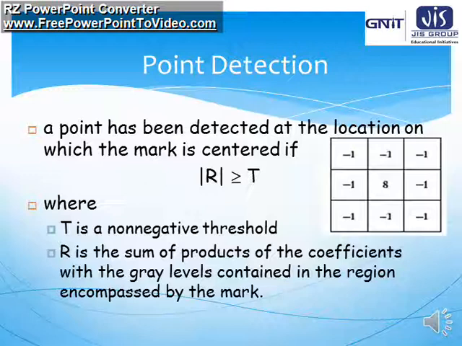We can see the mask, where all the fields are filled by -1 and the middle is filled by 8.